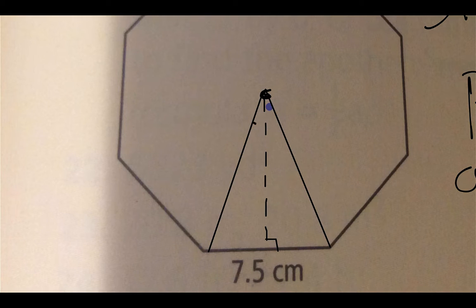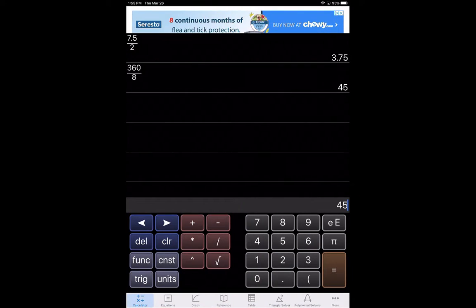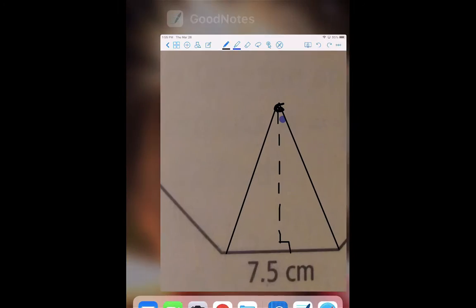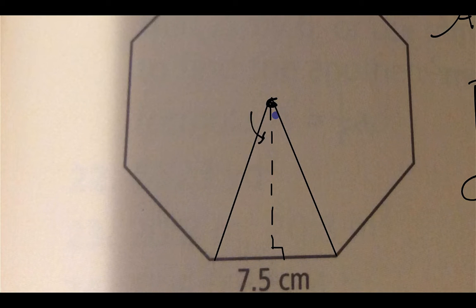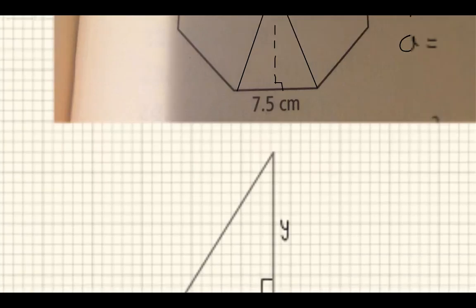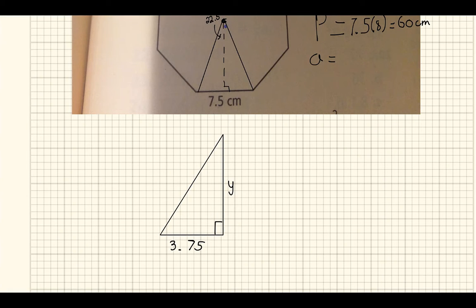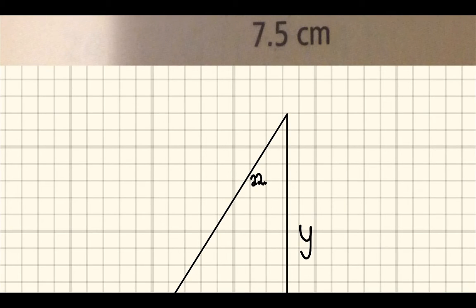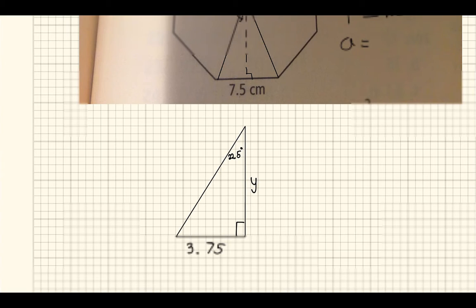We want half that angle. So 45 divided by 2 now is 22.5. That's right here. 22.5 degrees, which if we're trying to use this triangle here, we have 22.5 degrees for that angle.